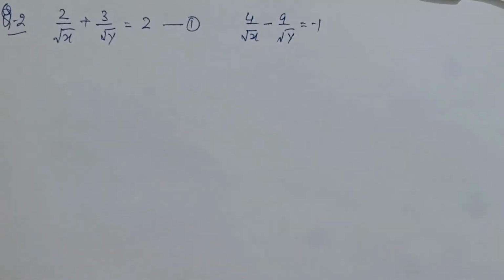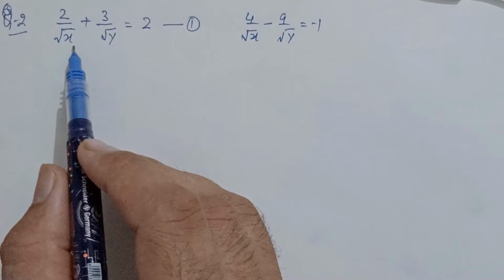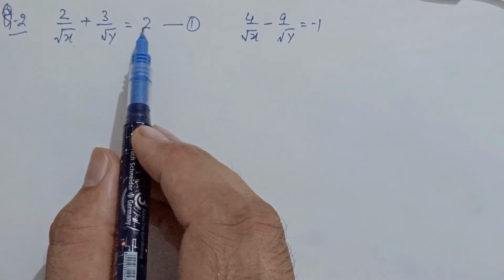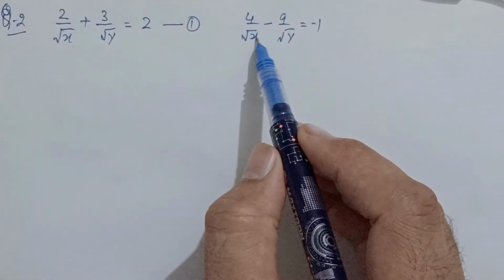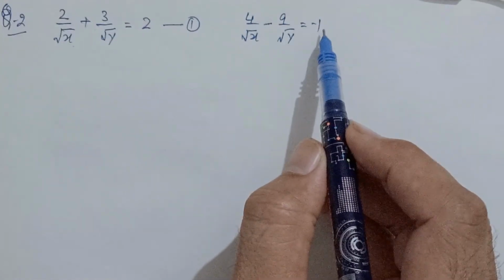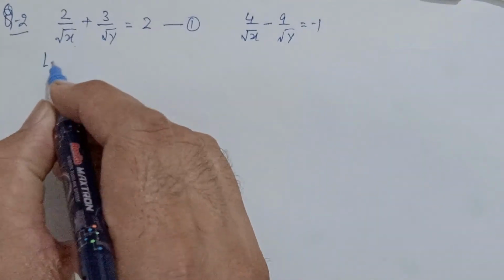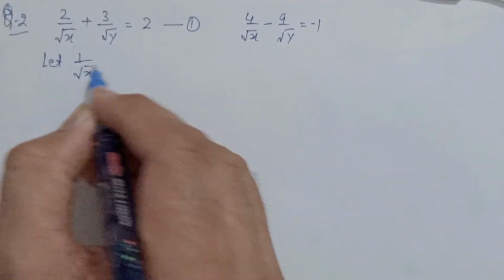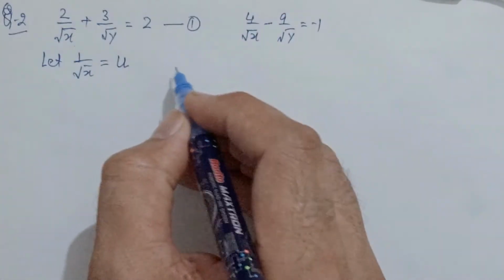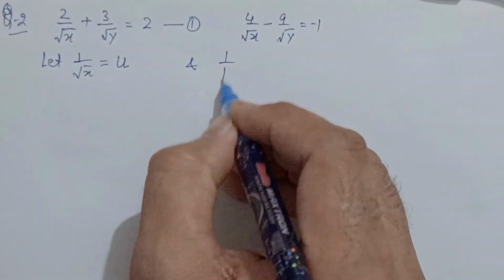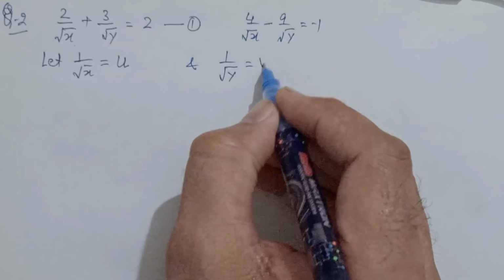Now question number 2. 2 upon root x plus 3 upon root y is equal to 2 and 4 upon root x minus 9 upon root y is equal to minus 1. Again, first we will reduce these two equations to the form of linear equations. So let 1 upon root x be equal to u and 1 upon root y be equal to v.